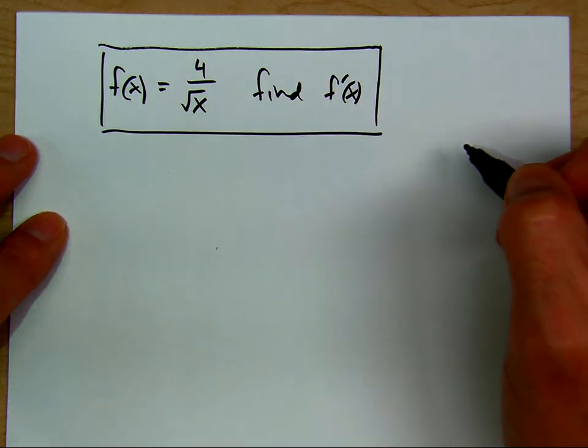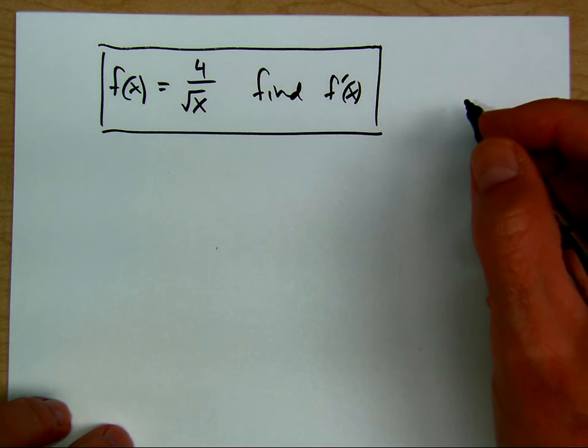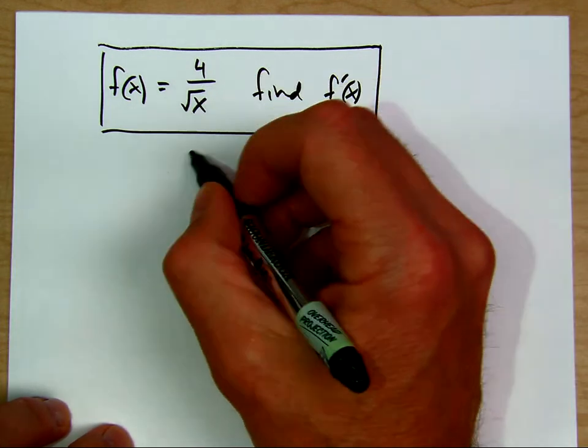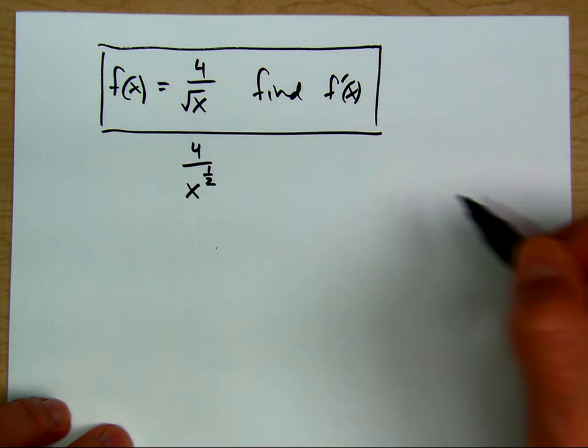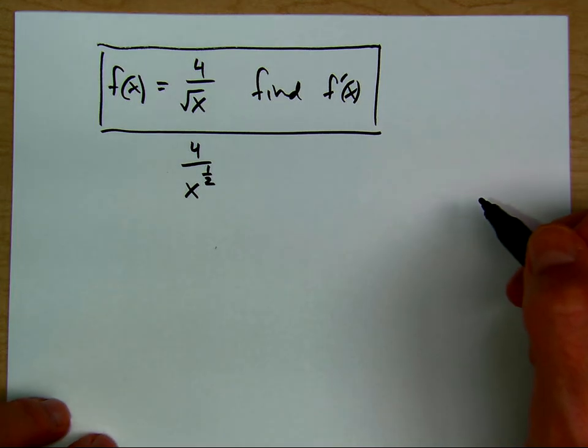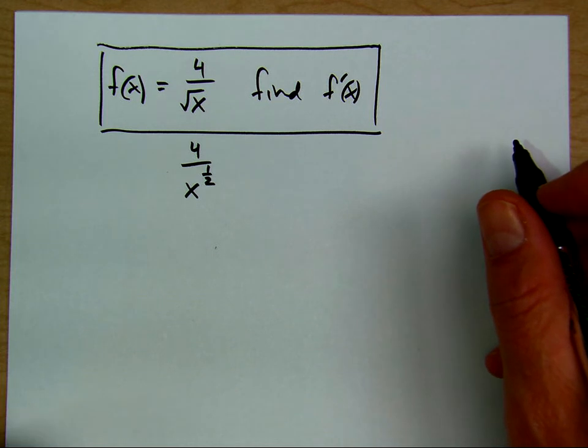All right. This one, just make sure when you're dealing with this, instead of a radical, you write it as x to the 1/2. That'll be a little easier to deal with. So, pause the video and try this one.